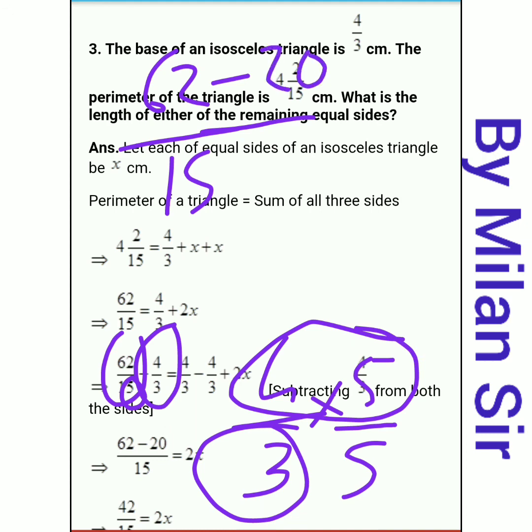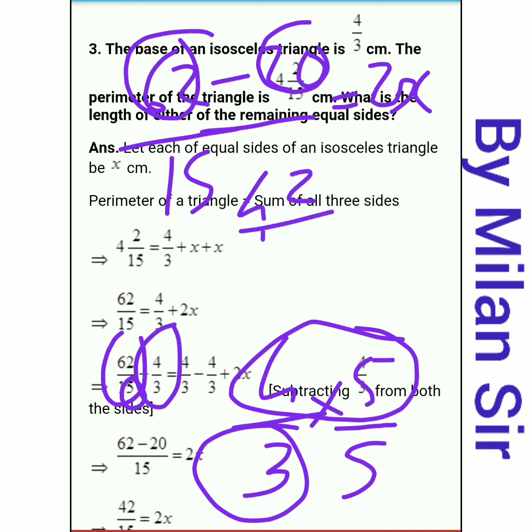On the right hand side we have 2x. 62 minus 20 is 42, so 42/15 is equal to 2x.